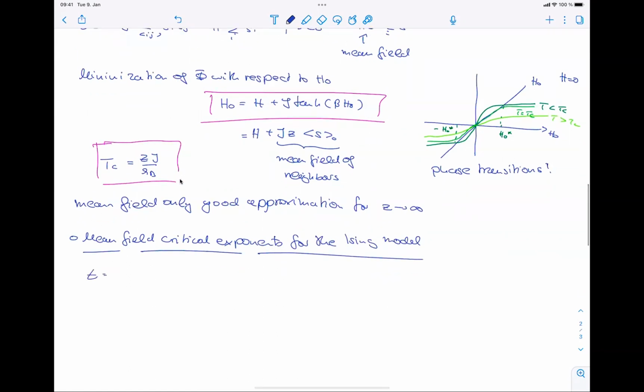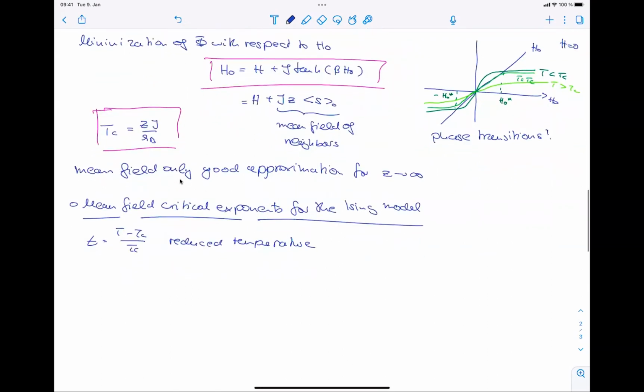And so we write this in terms of this reduced temperature small t, which allows us to expand our results in limits of small t, because we're interested in what happens at the phase transition. So when t goes to 0.